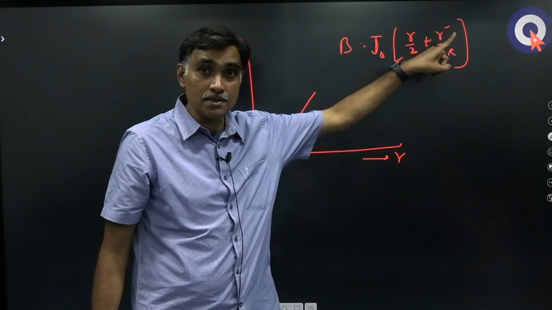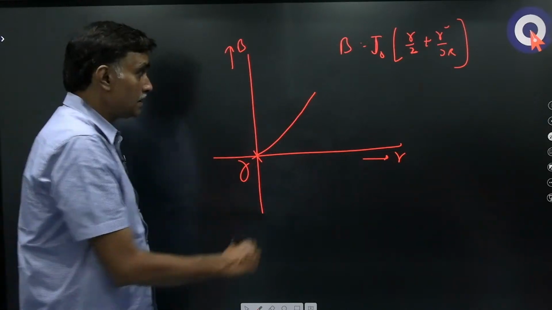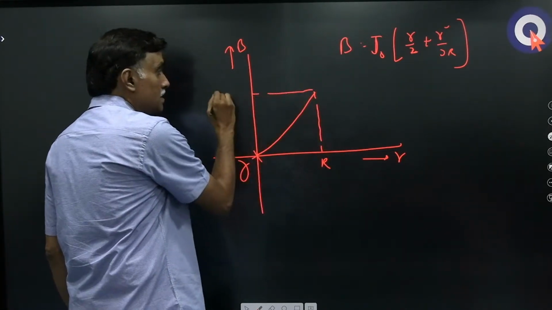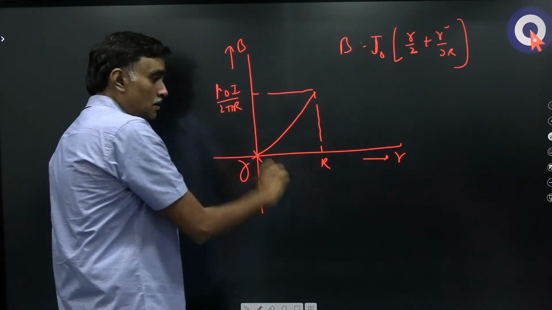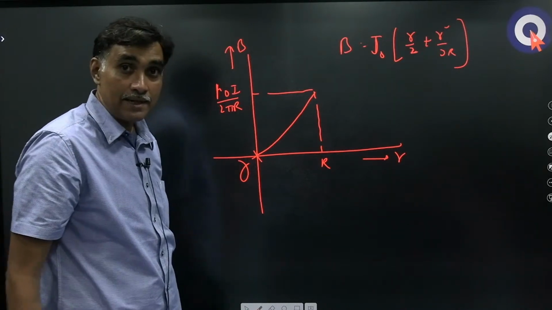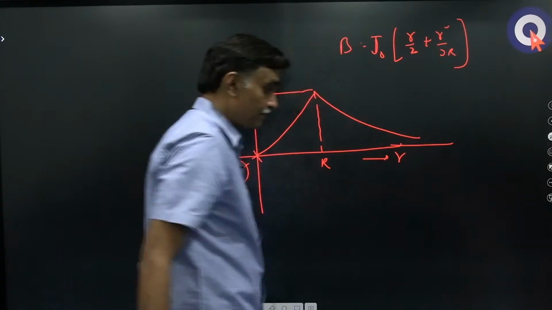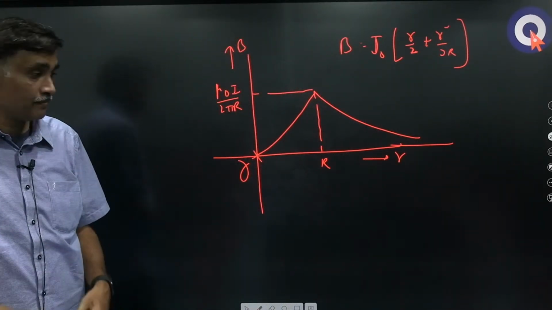So as r increases, the slope is also increasing. We will get a curve like this until capital R, where the magnetic field is mu naught I by 2 pi R, where I is the total current. Afterwards, the magnetic field is continuously decreasing as r increases, inversely proportional to r.